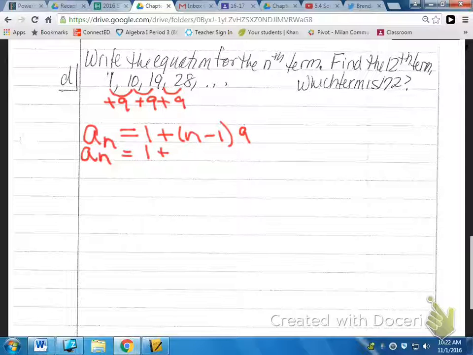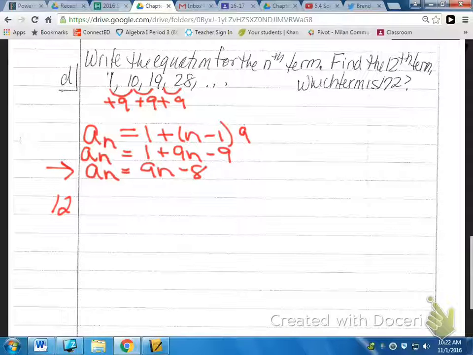1 plus, go ahead and do distributive property, 9n minus 9. Combine like terms. Here's my general equation. Any nth term would be 9n minus 8. So that's the equation, 9n minus 8. First question is find the 12th term.